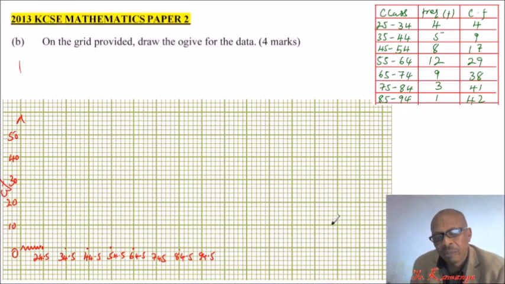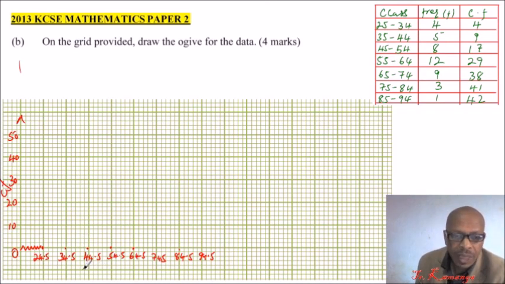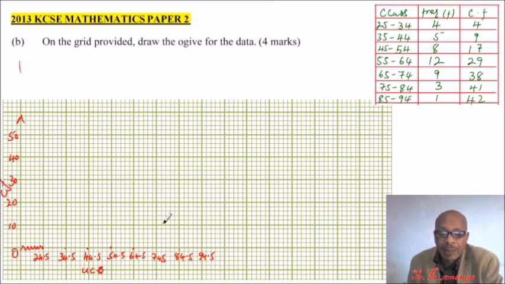If you have more space in your graph, then you can use two big squares, but I seem to be limited with space. So now, this is the upper class boundary, and we start with 24.5.